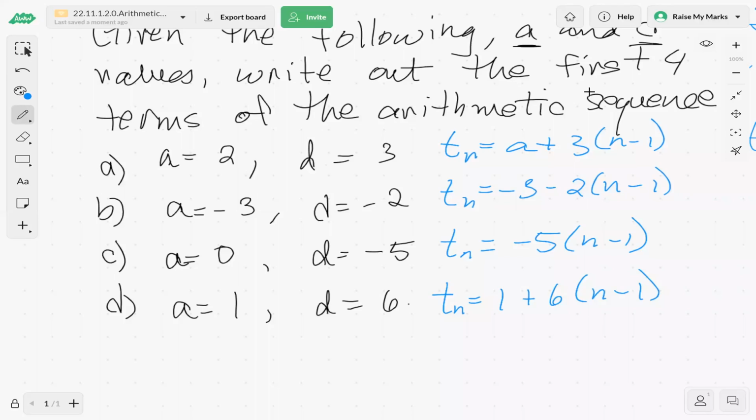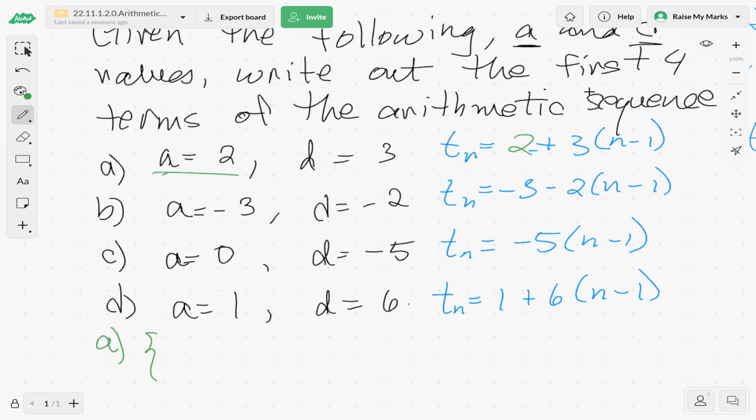Now we're asked to write out the first 4 terms. Part A, our sequence is when n equals 1. Okay, forgot to change our A in that first general term to 2.